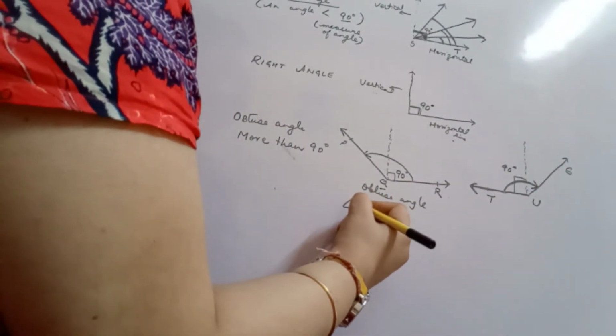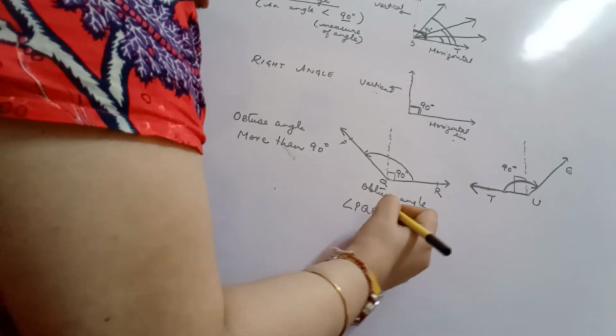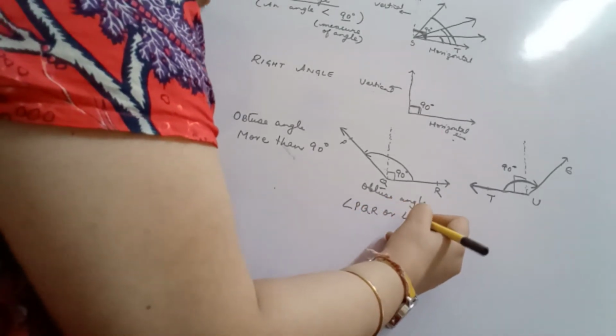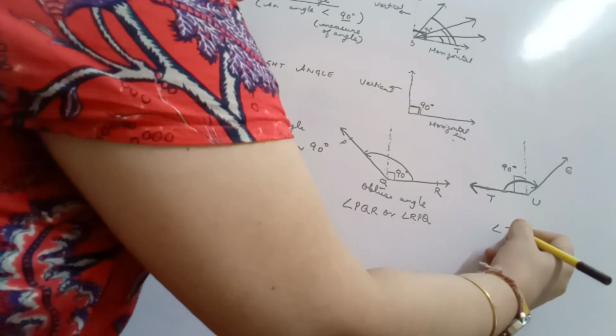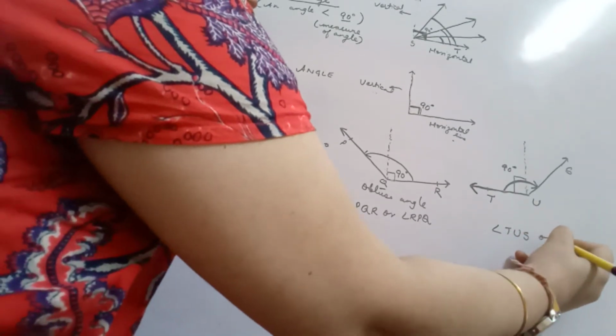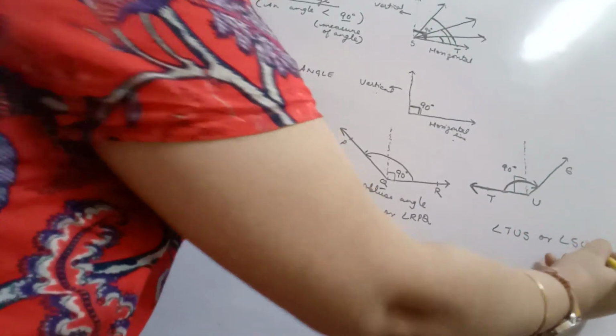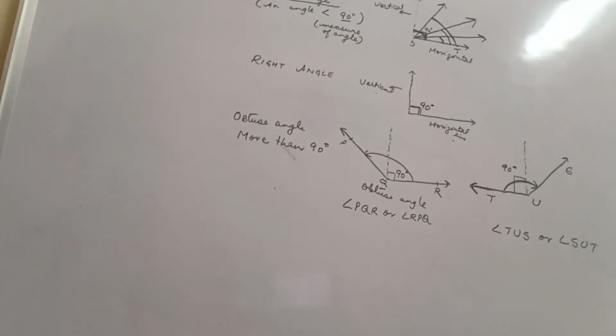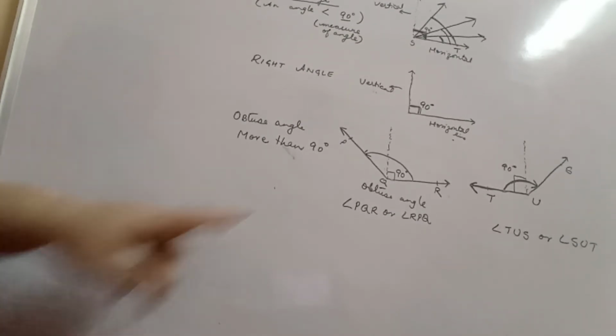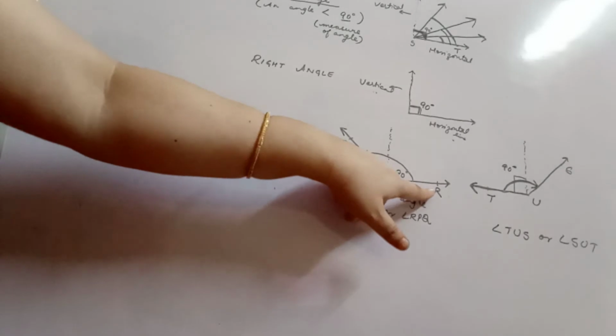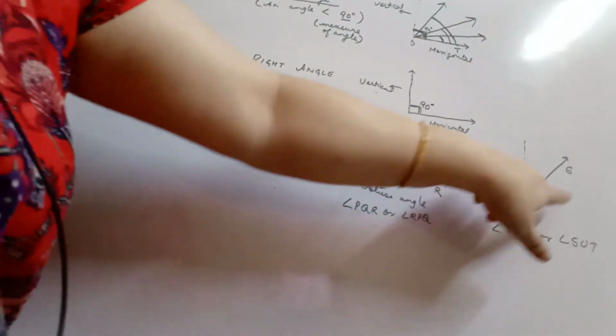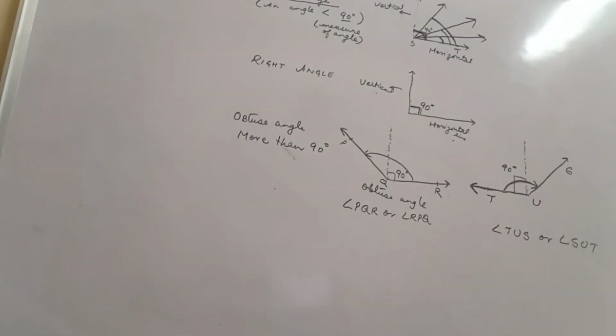I will name it angle PQR or angle RQP, angle TUS or angle SUT. So Q is the vertex, so PQR. U is the vertex, so TUS or SUT.